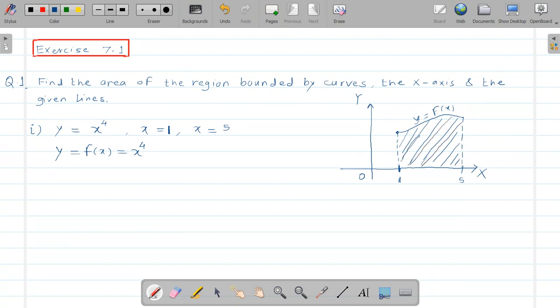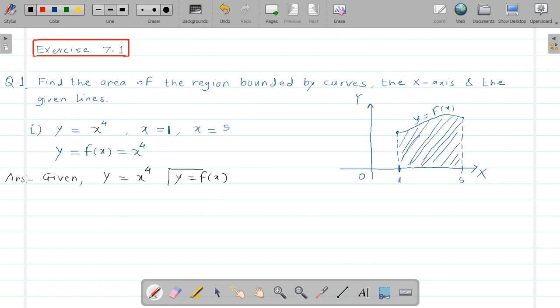As it is bounded by the x axis, how will you write the answer here? The function is given, that is y is equal to x raised to 4, just like y is equal to f of x.